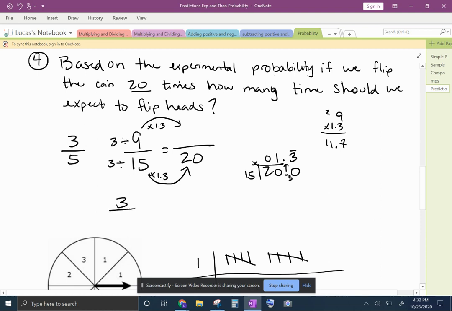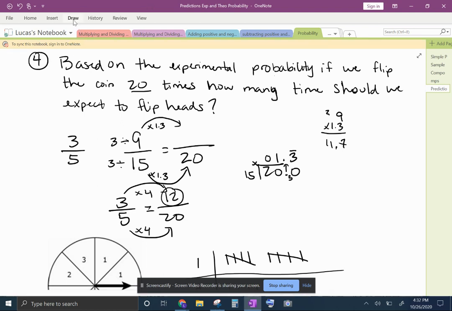So if I reduce this, I'll get 3/5, and now that goes easily into 20. And so that's times 4. And so this would be times 4, and that would be 12. That's another way to do it. I reduce this fraction here, and then I can expand it. Okay, so those are a couple separate ways to do it.